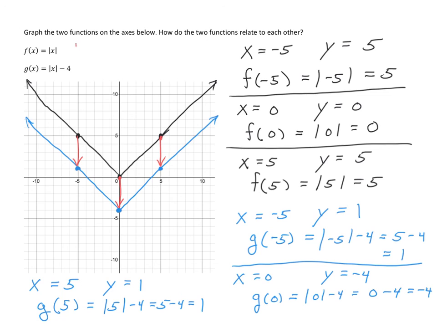So we'll say the graph of g is down 4 from f. That's very informal, but it is describing what is happening in this picture.